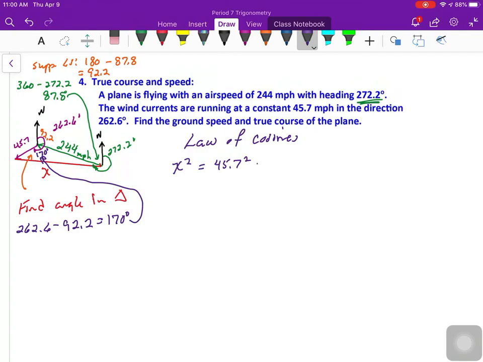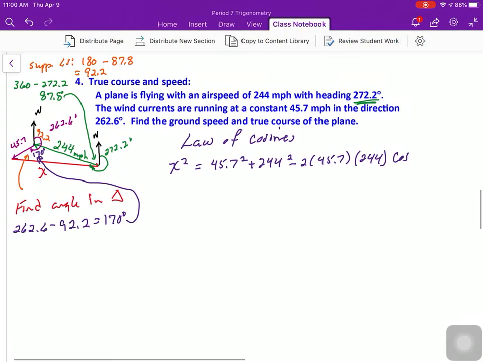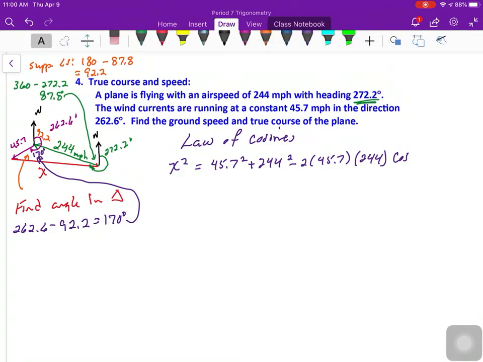And now we can use our law of cosines. So the x squared will equal 45.7 squared plus 244 squared minus 2 times 45.7 times 244 times the cosine of 170 degrees.